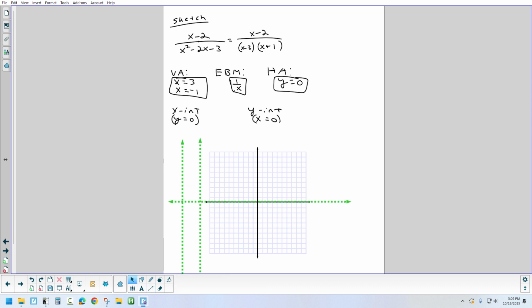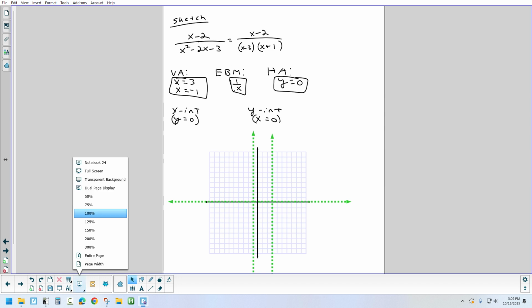So let's put that at 0. Let's put that at 3 and negative 1. All right, so that's going to give us some boundaries. What kind of asymptote can we never cross? Vertical. You cannot cross the vertical, but you can cross the horizontal, usually in the middle section.